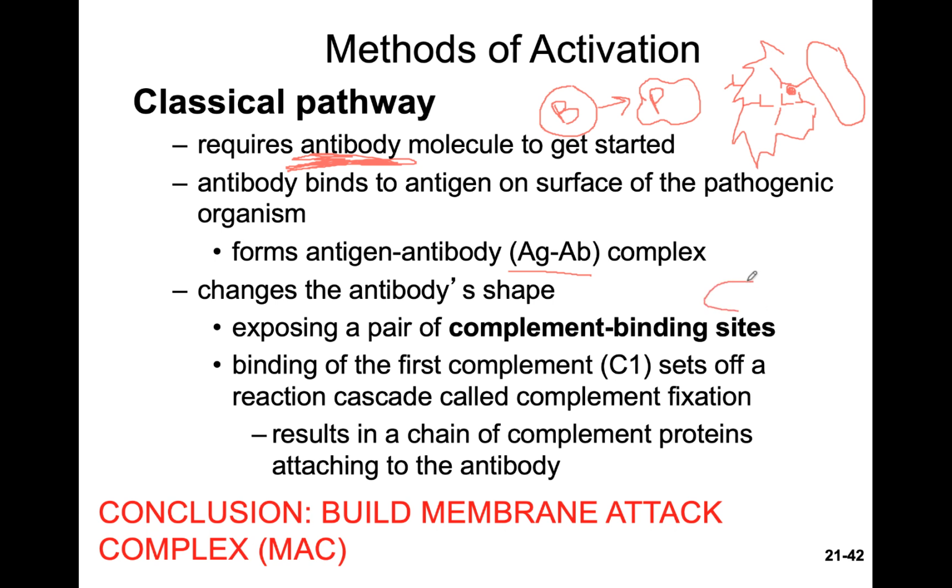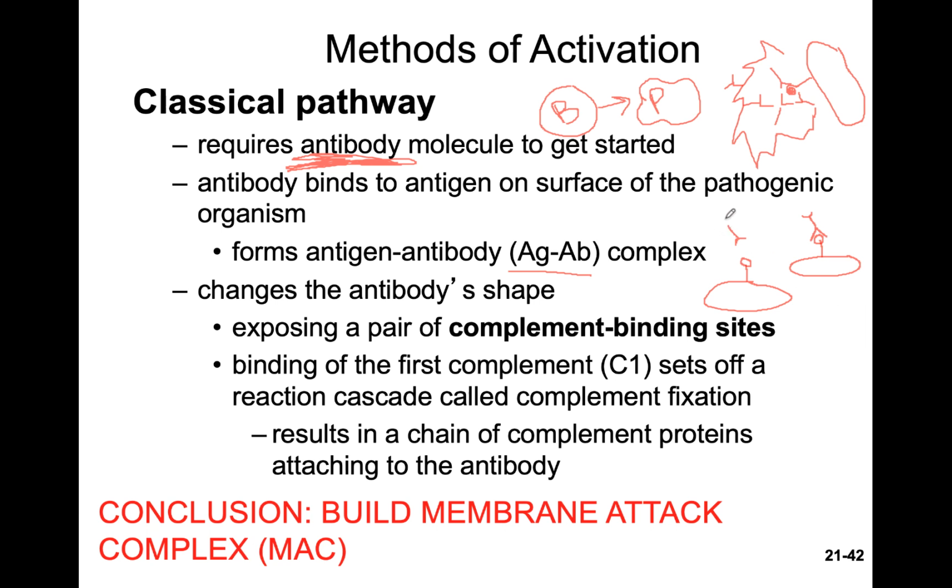So let's say initially your bacteria looked like this, and it had the antigen here, and here was the antibody that was coming to bind. Eventually, after binding, here's the bacteria again, here's the antigen, and now here is the antibody.